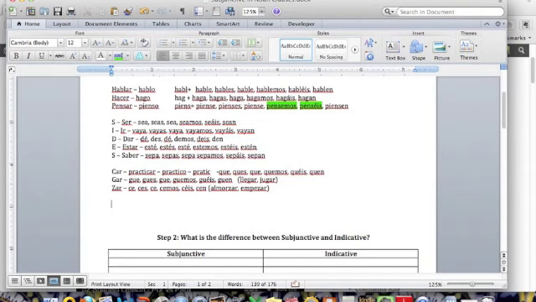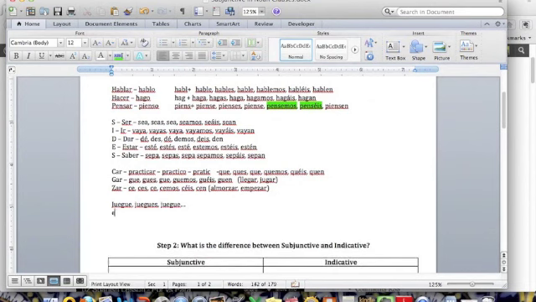And just to see an example, jugar would be juegue, juegues, juegue, etc. Empezar would be empiece, empieces, empiece, etc. Now, these are both stem changers, so when we get to that nosotros form, it's juguemos, juguéis, and then back to the stem change, jueguen.